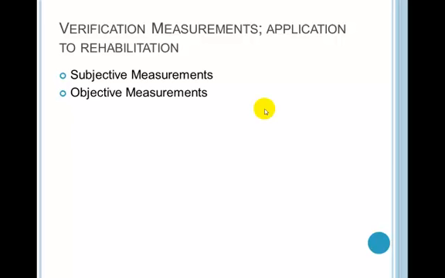Okay, very exciting stuff. So, verification measurements, application to rehabilitation. I think we've talked about that all along. We have patient report where they can say, these are the areas that I have most difficulty in. These are my goals. Work with me to fix this and meet my goals.